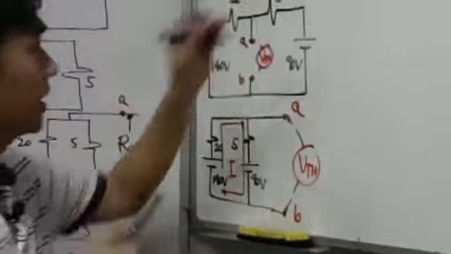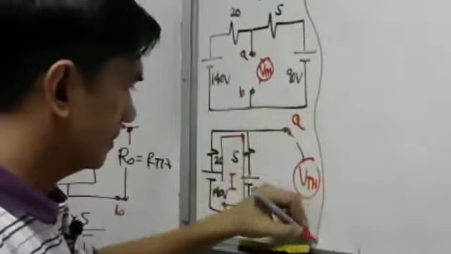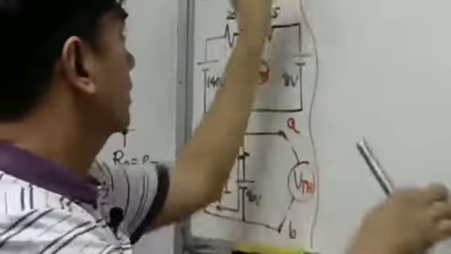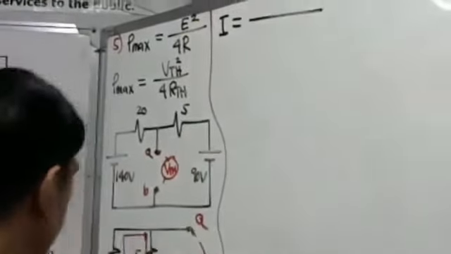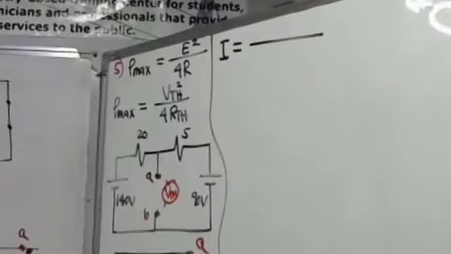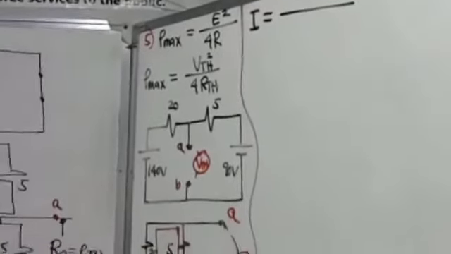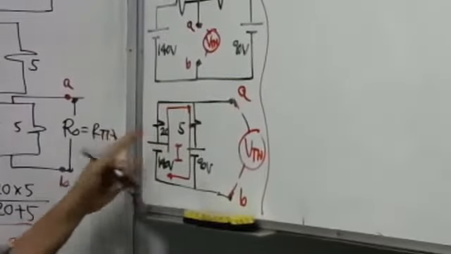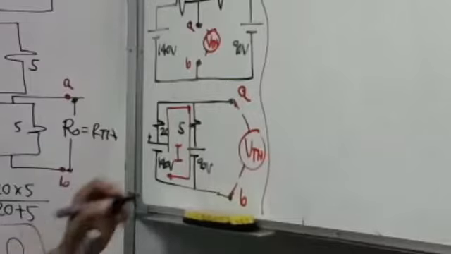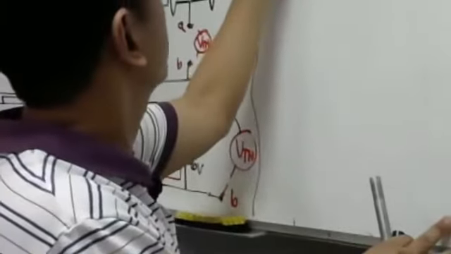What is our current I? Let's use the let-it-flow method. Let this current flow. It leaves on the positive terminal of 140 volts, that's why I put here 140.